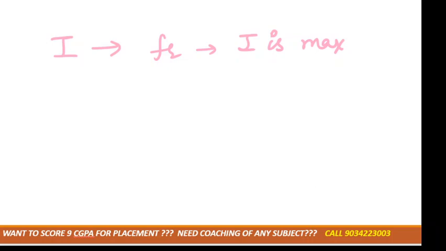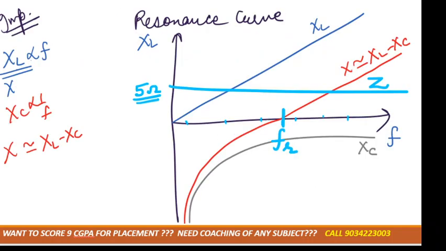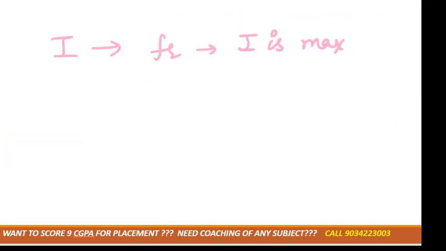So we can draw in the graph that at the resonant frequency, current is maximum. Before that current is lower, and after that current is also lower. At the resonant frequency current is maximum, before that it is increasing, and after that it is decreasing. Clear?